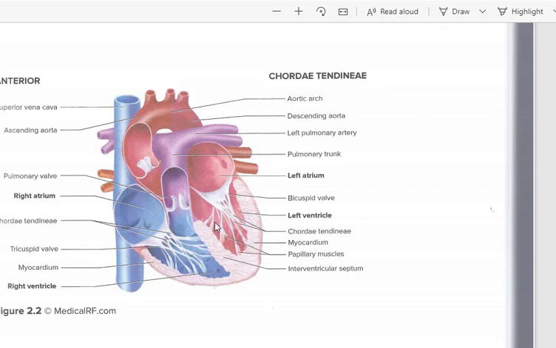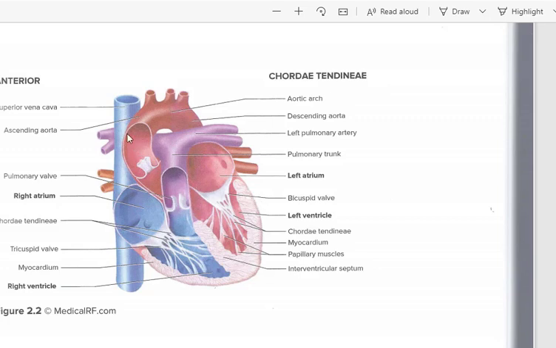And the reason that you have them is to anchor the flaps so that when the ventricles contract, so here's the ventricle squeezing, and it's pushing the blood. You don't want the blood to go back up in the atria. You do not want that to happen. So when you squeeze this one, you want it to leave and go through this flap. And when you squeeze this one, you want it to go through that flap.